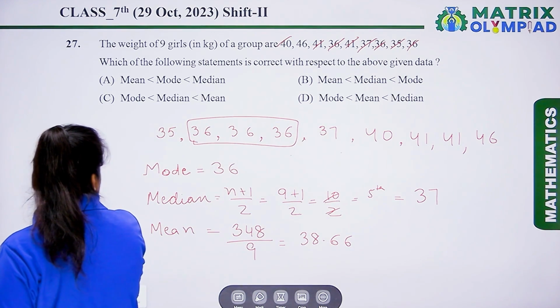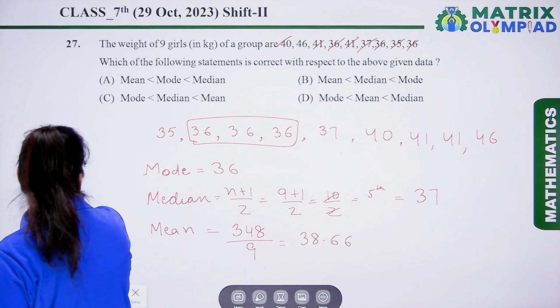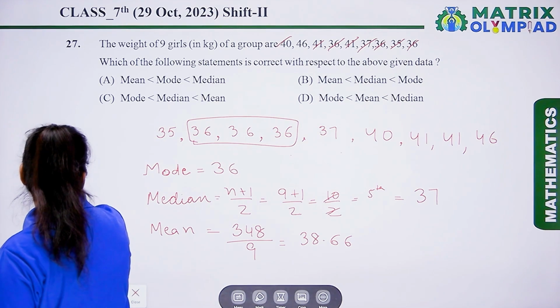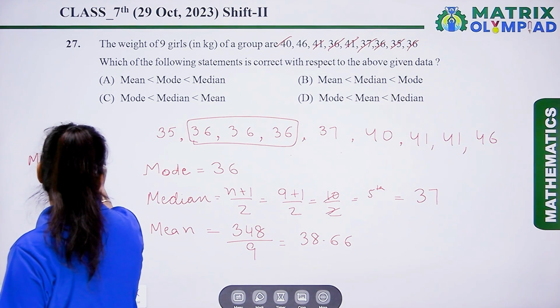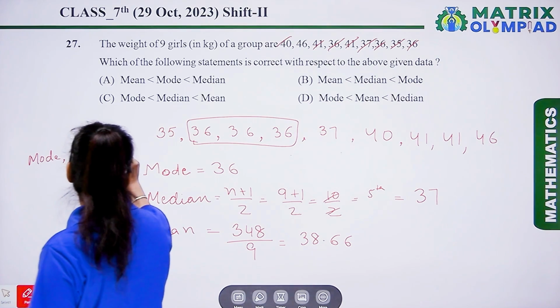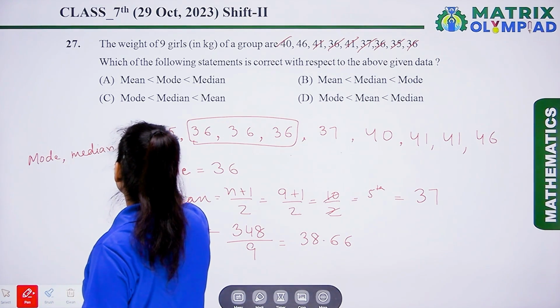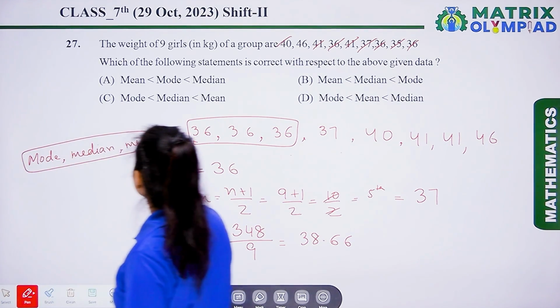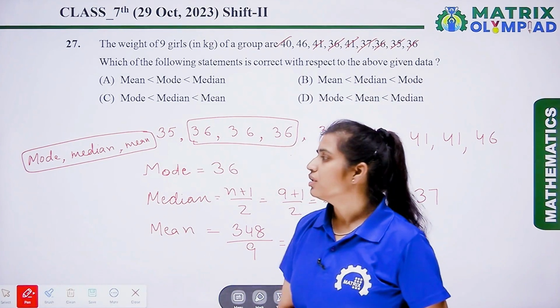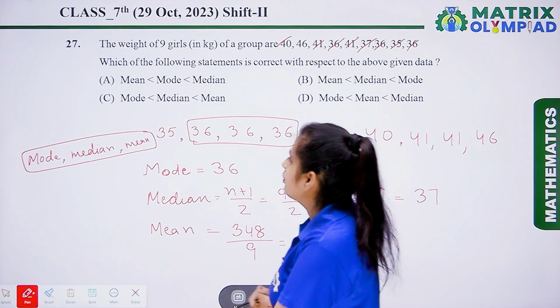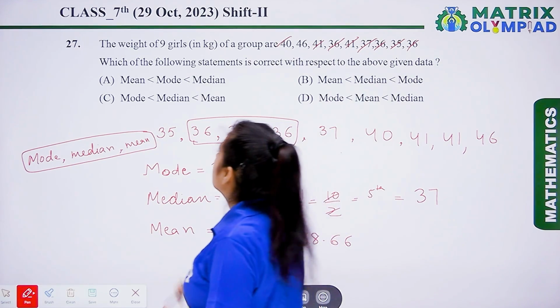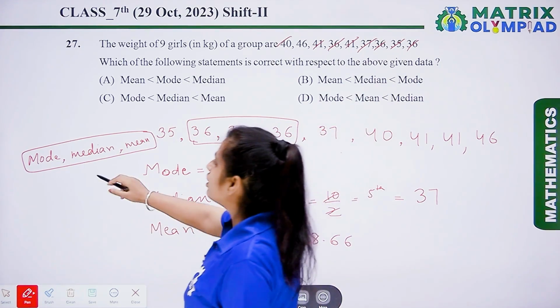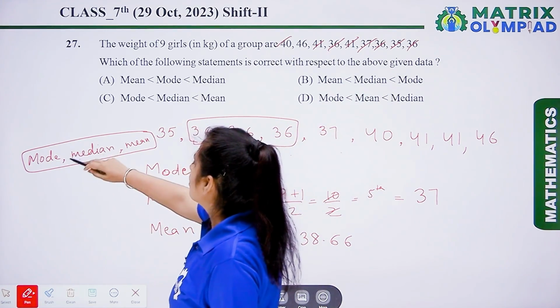So the smallest value is mode, then median, and the last one is mean. So this is the ascending order: mode, median and mean according to the values. So let's check the correct answer.